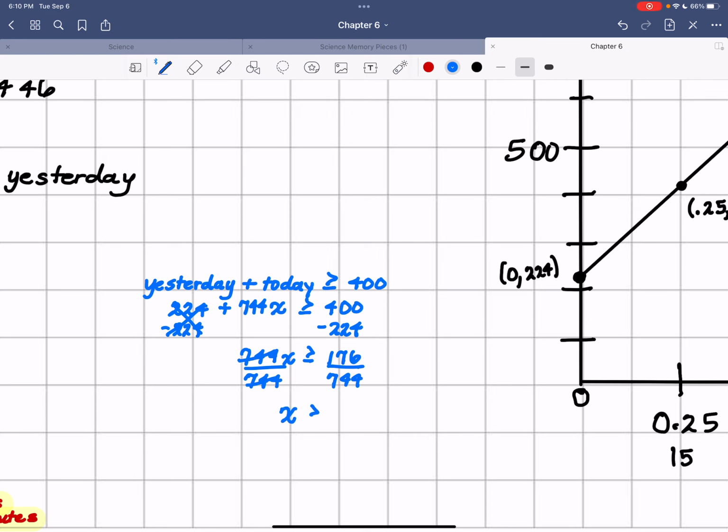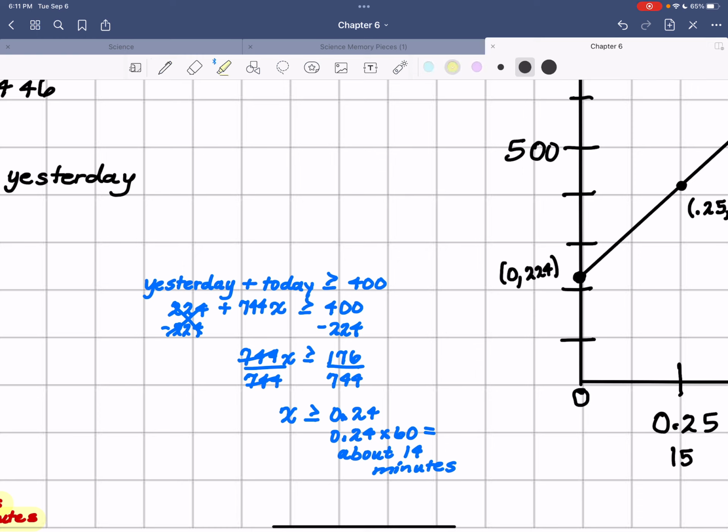So the fraction of an hour needs to be at least 0.24. That's rounded, of an hour. Or if you multiply that times 60 minutes, it's going to be about 14 minutes of jumping rope.